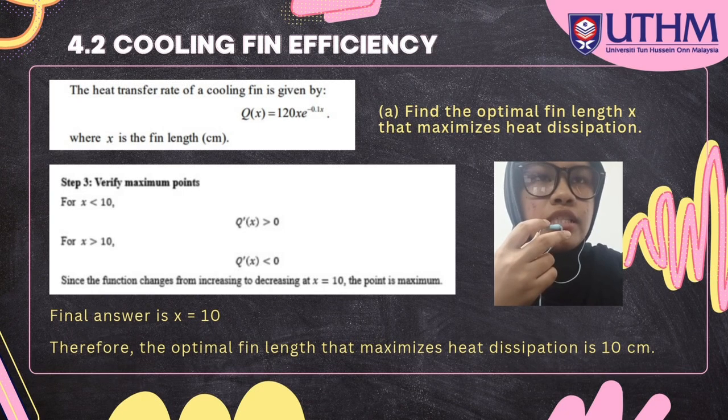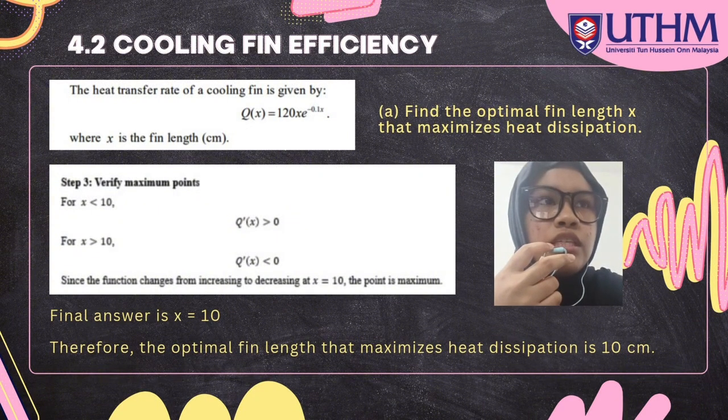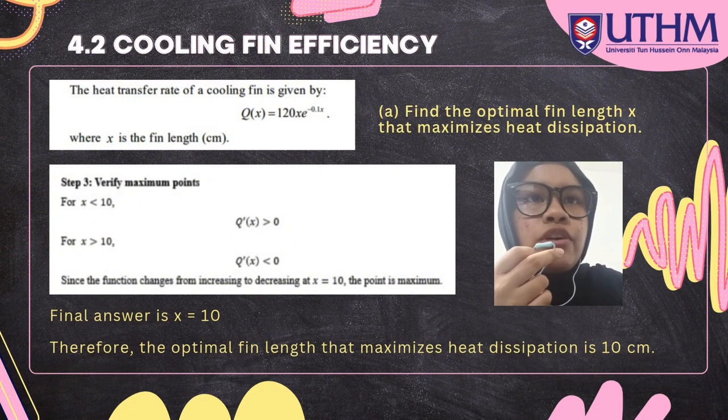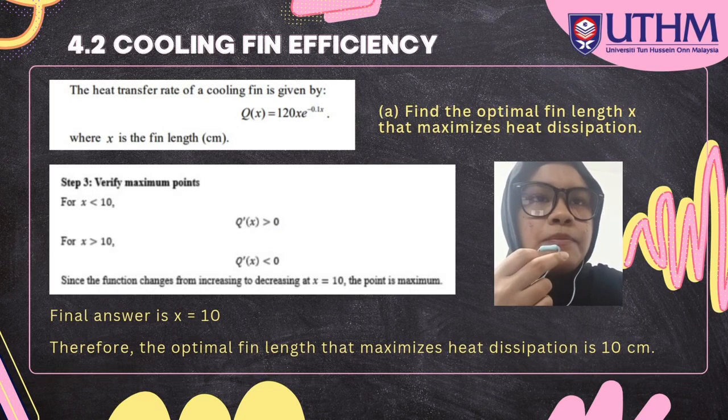And for this slide, we are doing verification of the maximum point. To verify x equals 10 is a maximum point, we analyze the signs of the derivative q prime of x. For x less than 10, q prime of x is greater than 0, so the function is increasing. For x greater than 10, q prime of x is less than 0, so the function is decreasing.